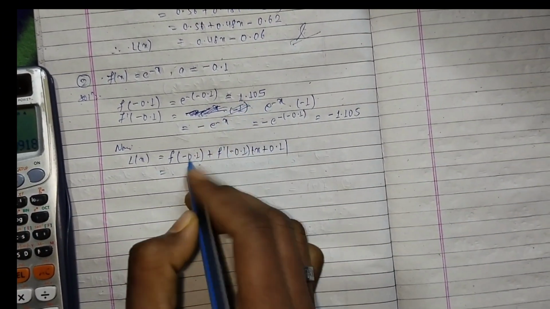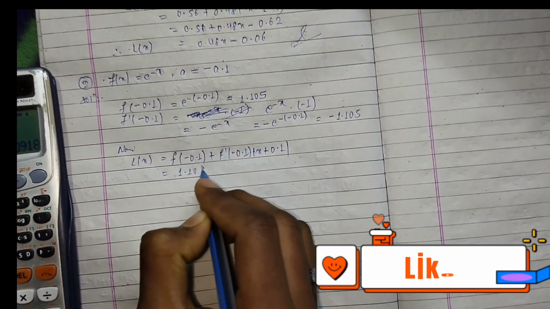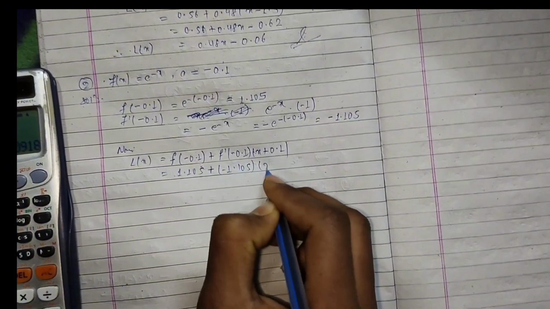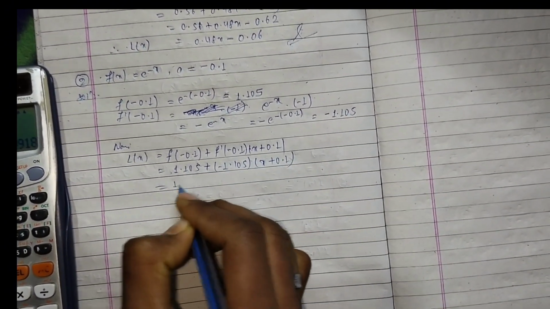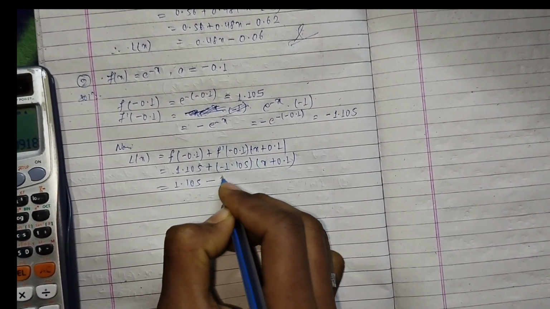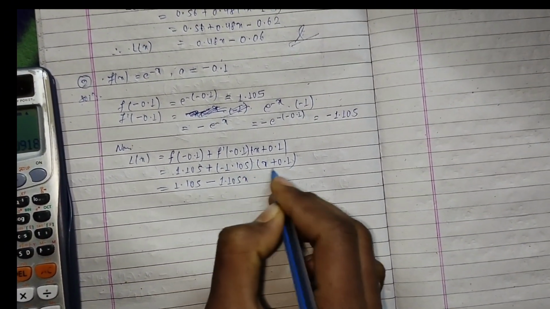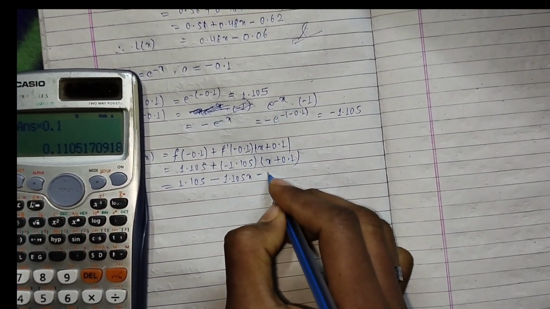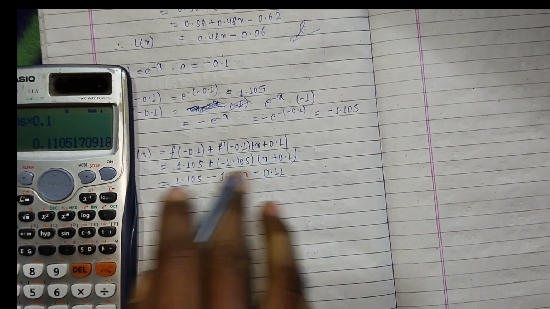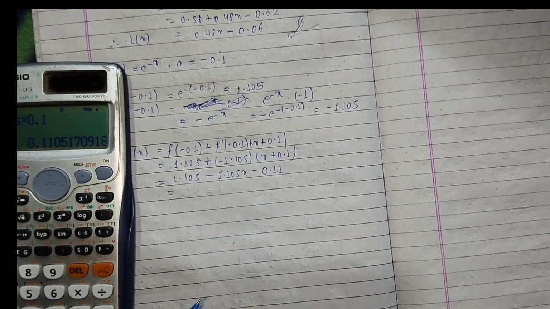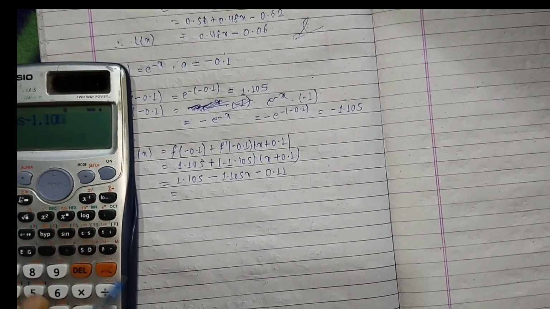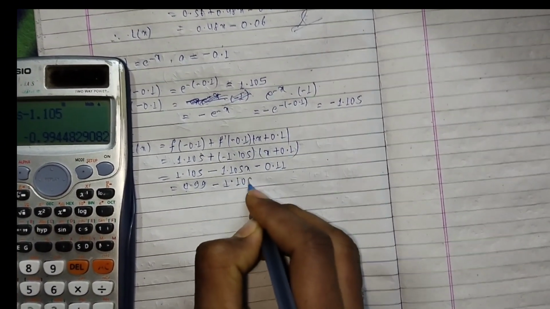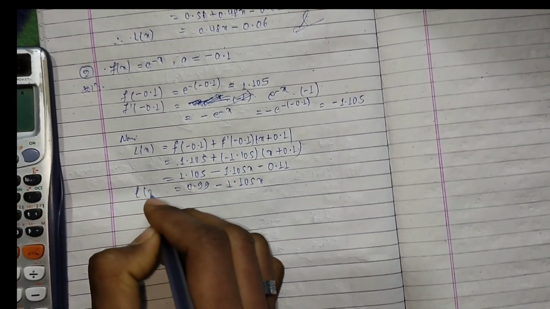So we'll have the value 1.105 plus another minus 1.105 times (x plus 0.1), so 1.105 minus 1.105x and minus 0.1 times 1.105 gives minus 0.11, so minus 1.105, we have 0.99 and minus 1.105x, so this becomes the answer.